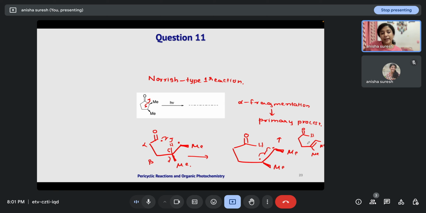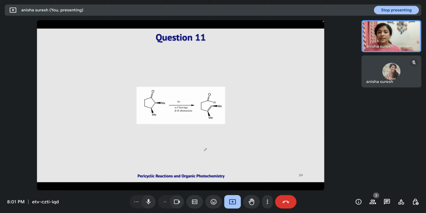So this will be the final product that is formed in this reaction. It is undergoing a Norrish type 1 reaction. So here we should not mention the stereochemistry, okay? This will be the final product.